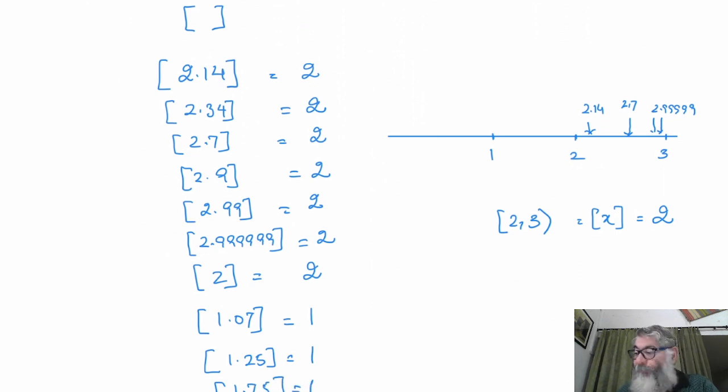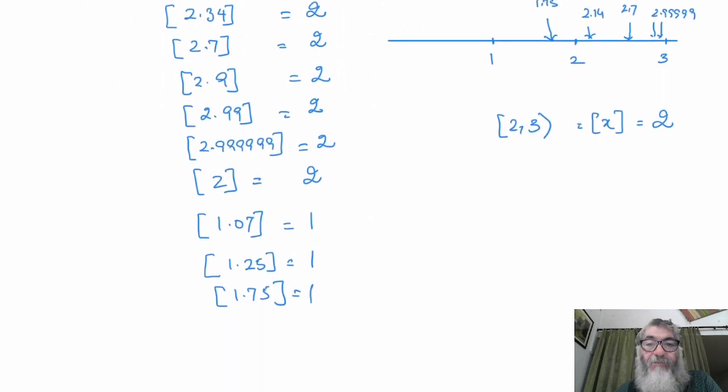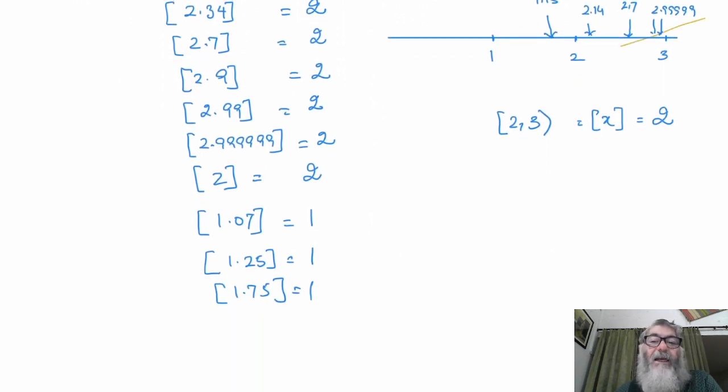Because between 1 and 2, wherever you take the number, suppose I have taken 1.75, I'll have to move towards the left, and the first integer which I find on the number line will give me the greatest integer function. If I move from 1.75 to the left, then it will be 1.